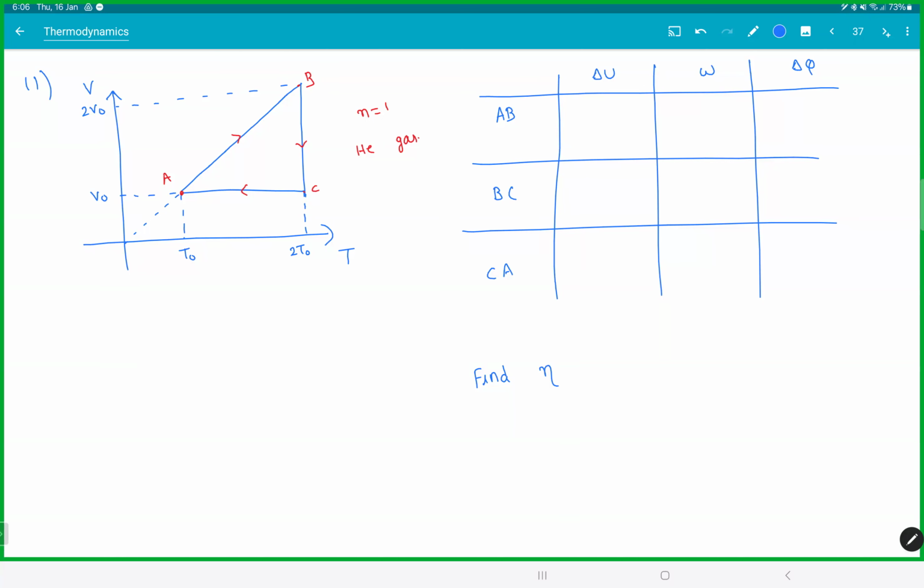Same steps. Here, luckily, temperatures you already know. Try. Everyone should try. Just give it a try.